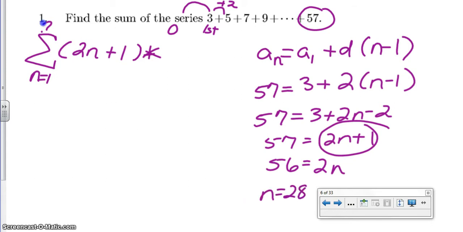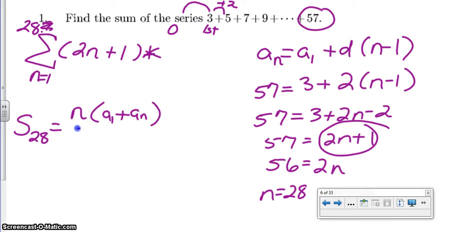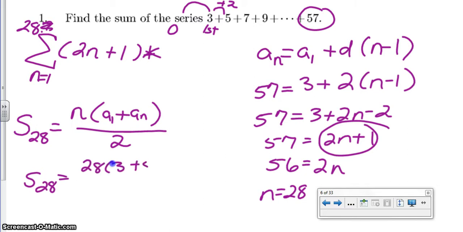And so now we have this, and we have 28. So the final thing that we need is we need to know that the series or sum at 28 is equal to the number times the first term plus the last term divided by 2. And so the series of 28 is equal to 28 times the first term, which is 3, plus 57 divided by 2.